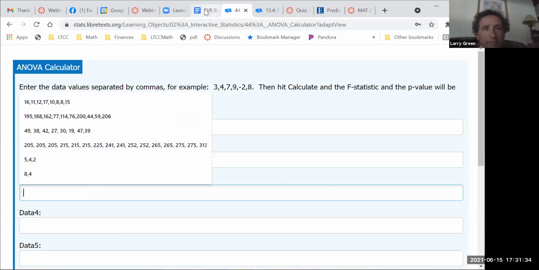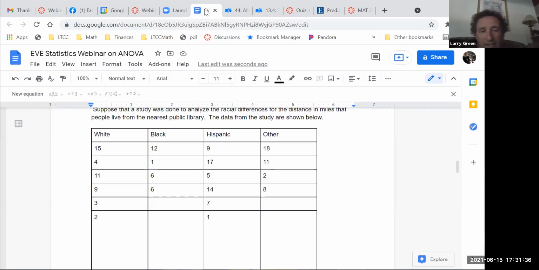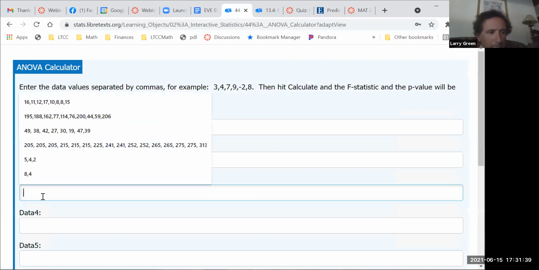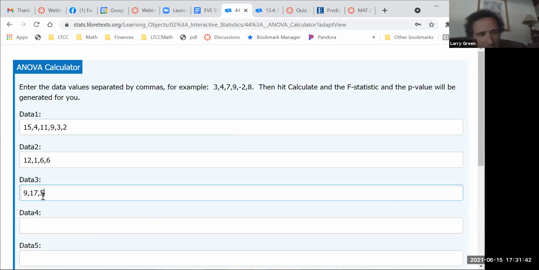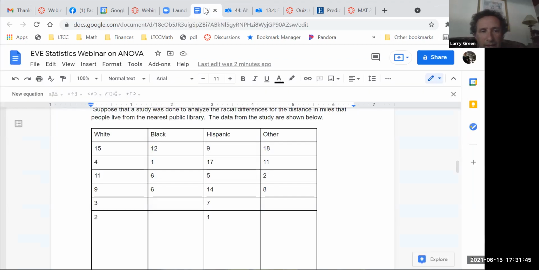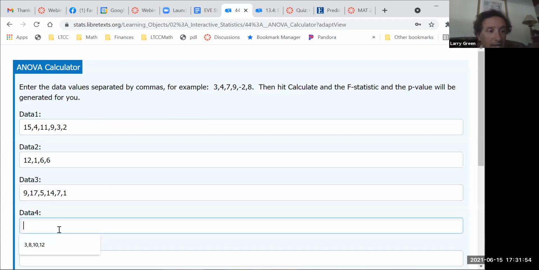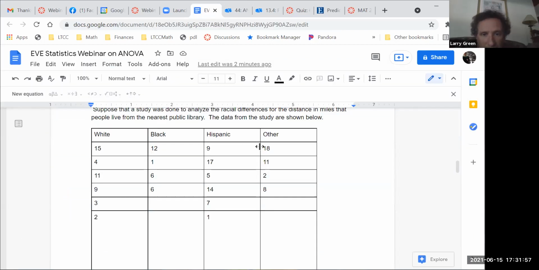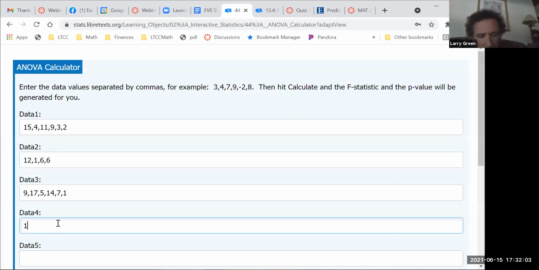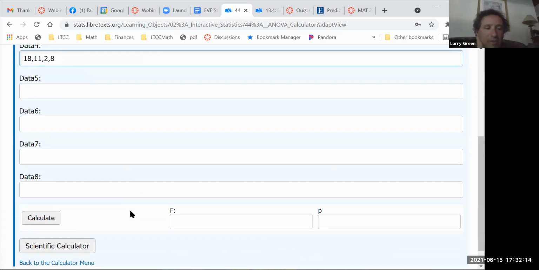Data 3 was 917.5, and then 1471. And data 4, 1811.28. Any questions on entering it into the calculator? Okay, then I scroll and I hit calculate.